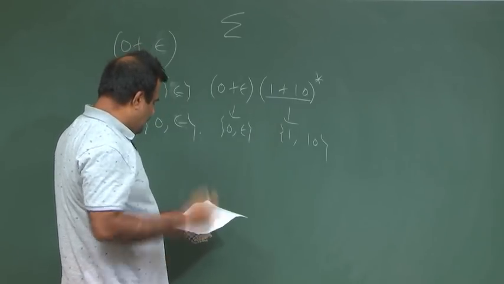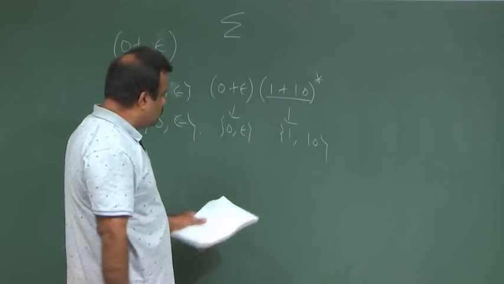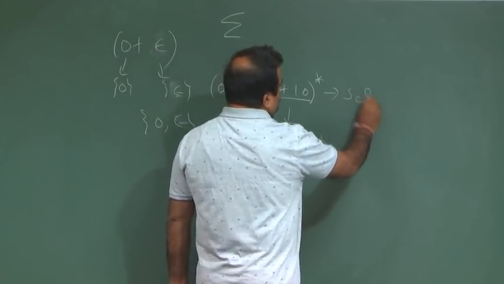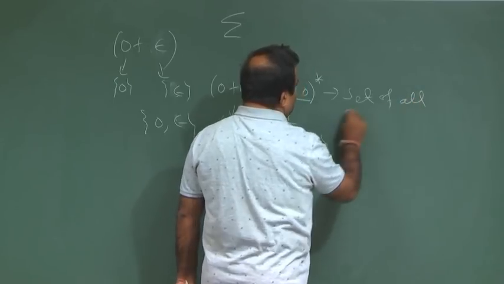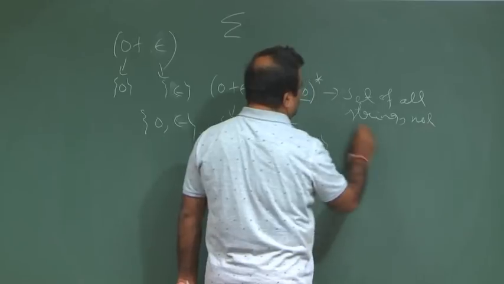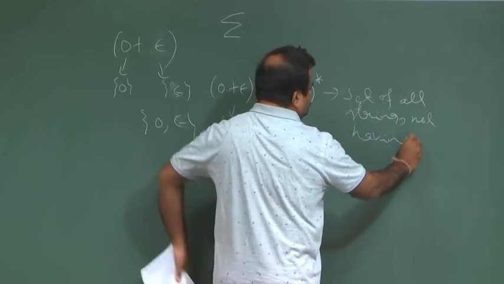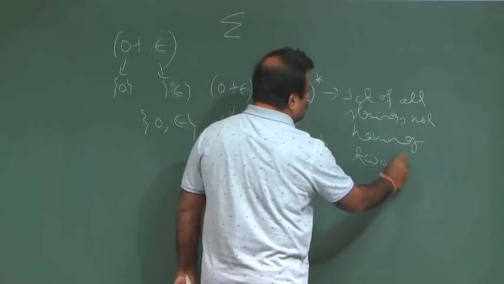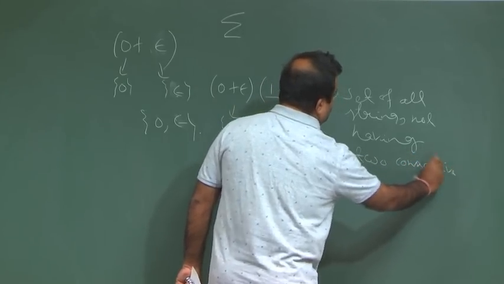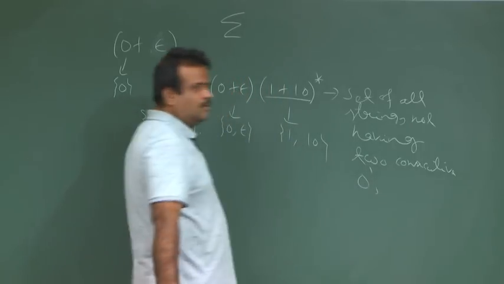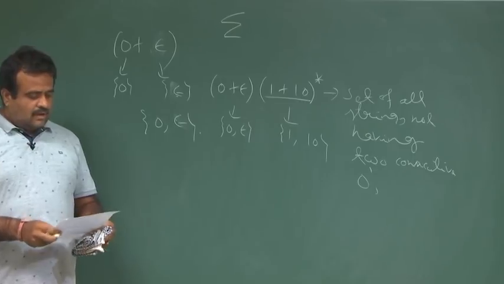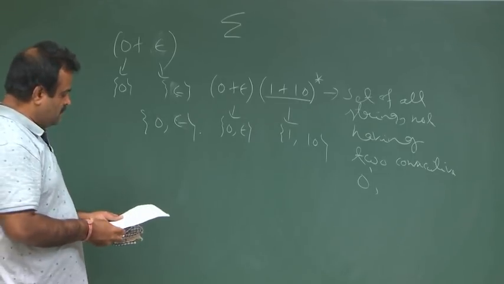So, this is the set of all strings not having two consecutive zeros. Okay. So, this is the way we can have some more examples on this.